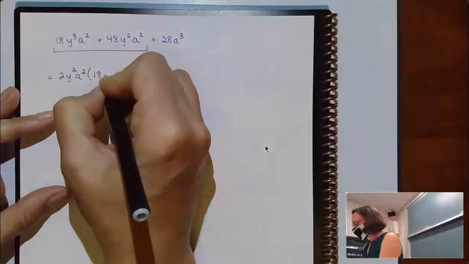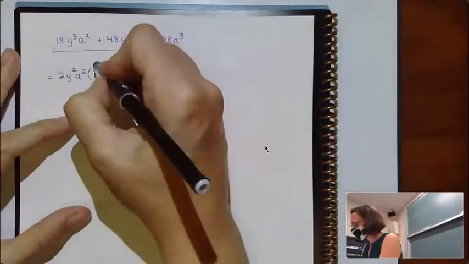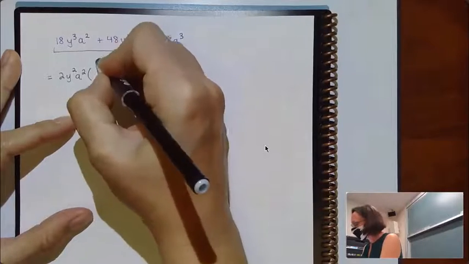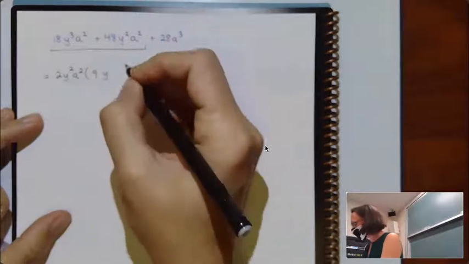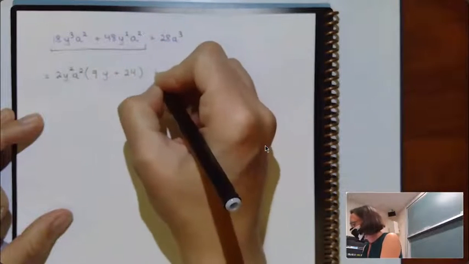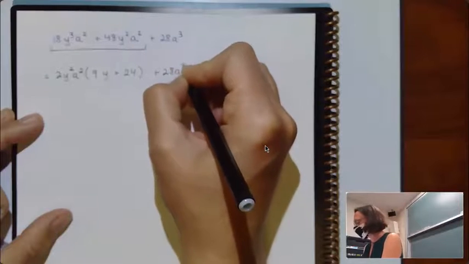And then I'd be left with 9y. Having trouble mathing this morning. Happens to the best of us, right? 9y plus 24. But then I couldn't take that out of the 28a cubed.